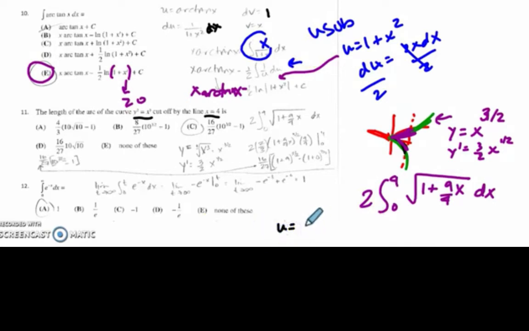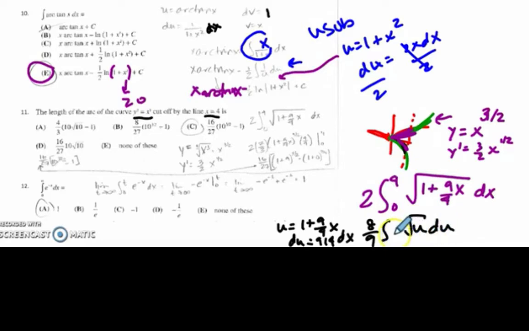My u is underneath my inside function, 1 plus 9 fourths x, and my du will just be 9 fourths dx. And I don't need that 9 fourths, so I end up multiplying by 4 ninths on the outside. So 4 ninths times 2 is 8 ninths here, and then I have the square root of u du.